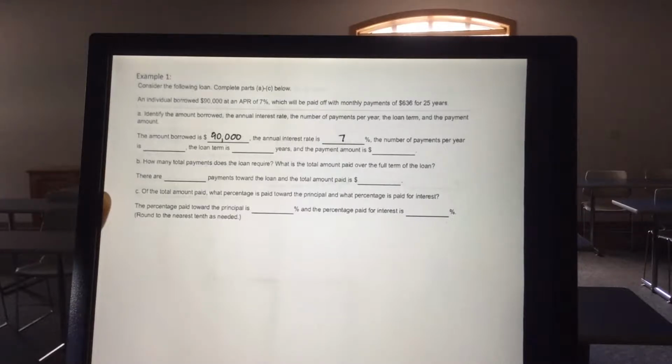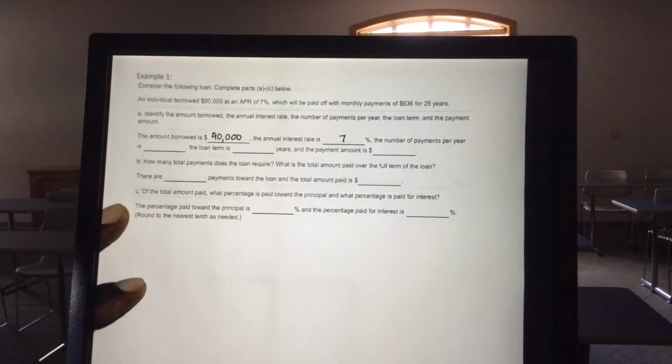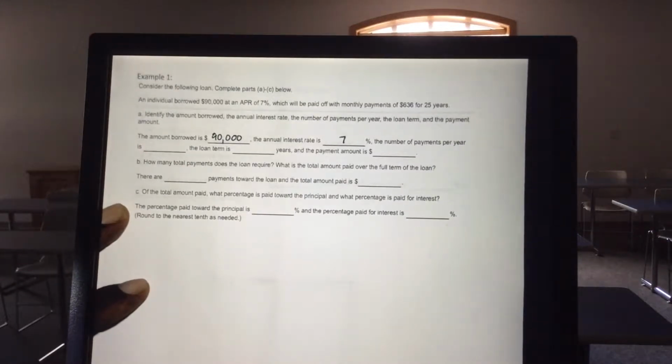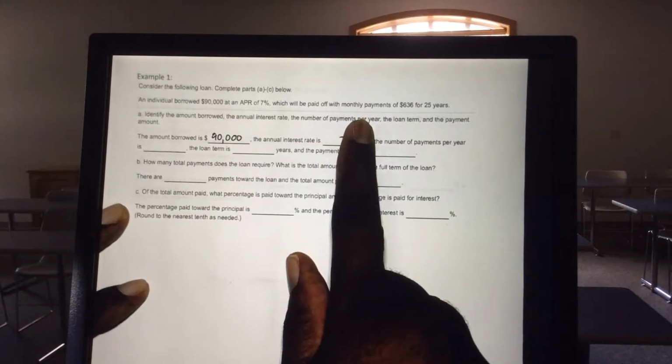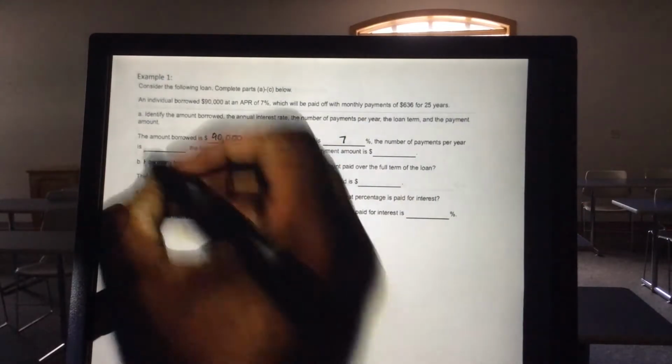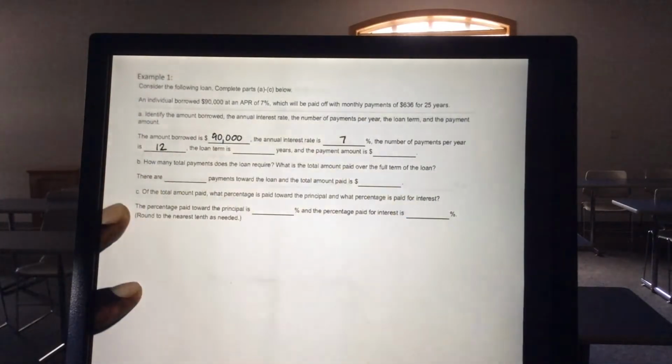And then the number of payments per year: he's making monthly payments, so in 1 year, he's going to be making 12 payments.